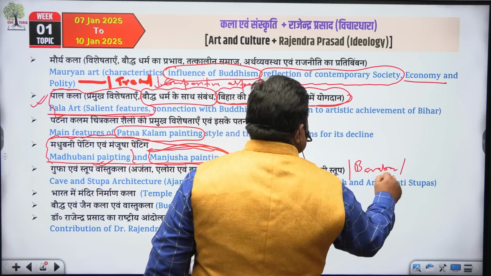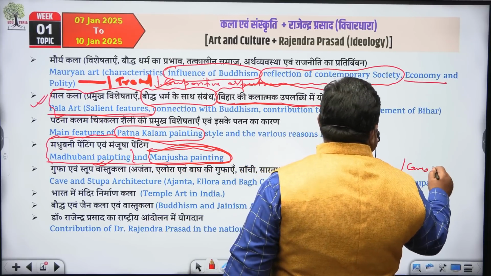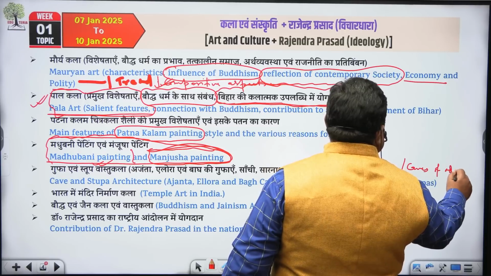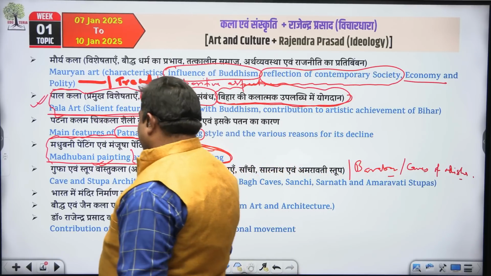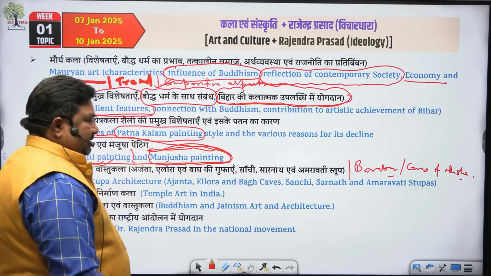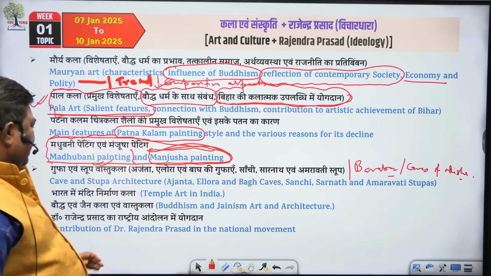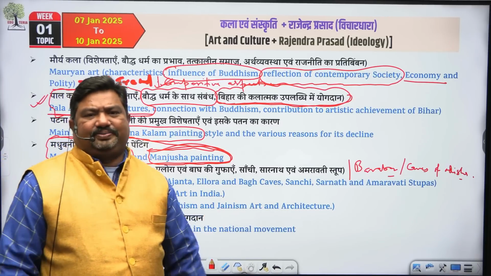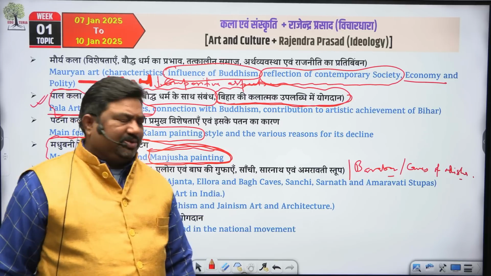We will also study about the caves of Odisha, because if you observe the previous year papers, you will find that some questions are coming from the Barabar caves and the caves of Orissa as well, and collectively they call it the caves of eastern India or something like that.